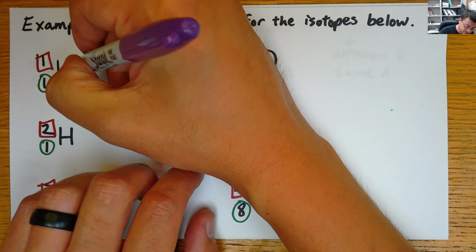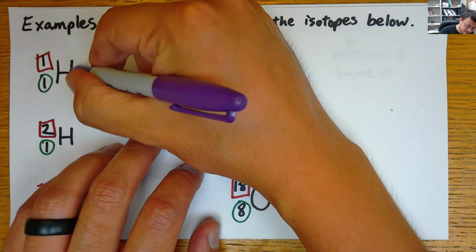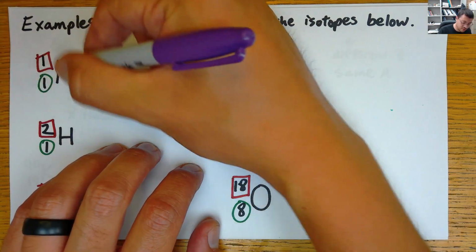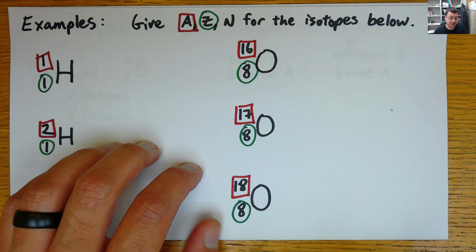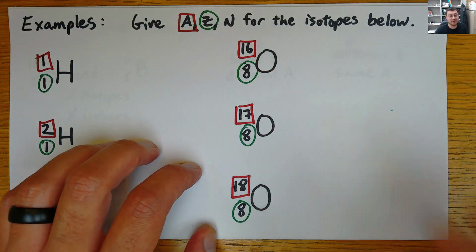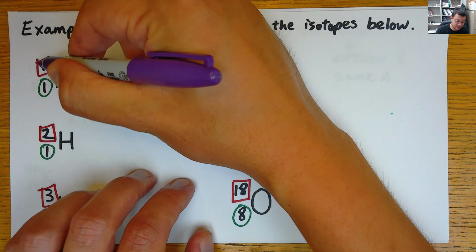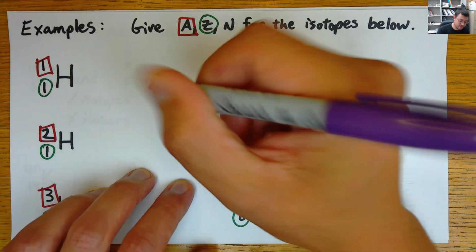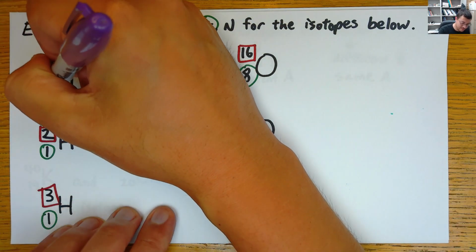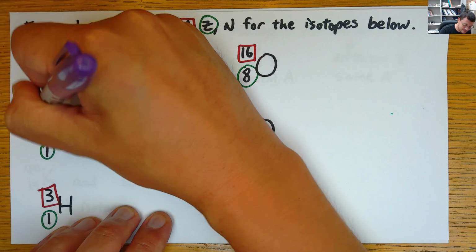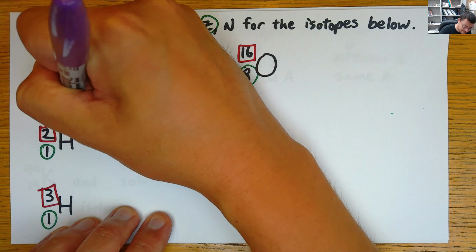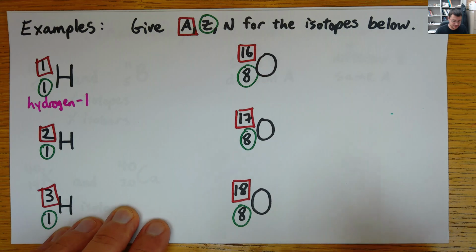All right, so here we have protium. This is the most dominant form of hydrogen, not just on Earth, but in the universe. All right, protium just having a mass number of 1. Okay, so this is hydrogen 1. That's most hydrogen.